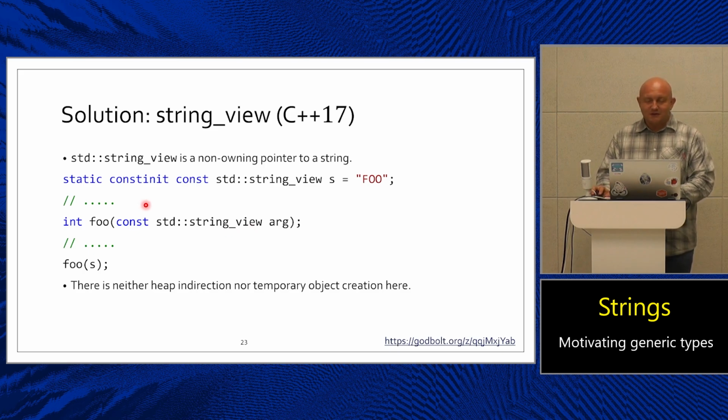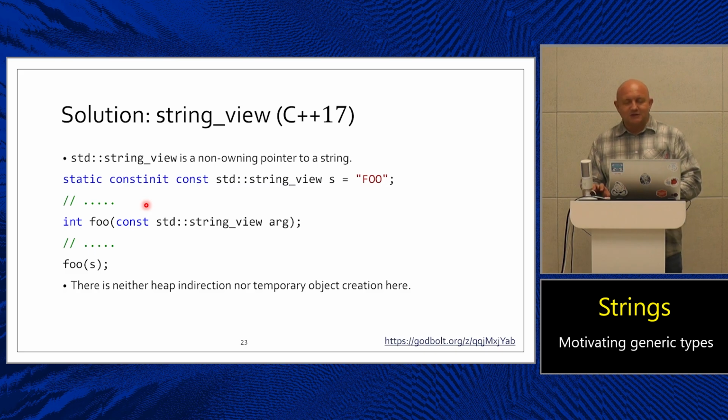What constexpr is, we'll talk about later, but you can guess it means we guarantee that initialization happens at compile time. No additional things will be generated here. Here, string_view is a non-owning pointer, a pointer that does not own what it points to.